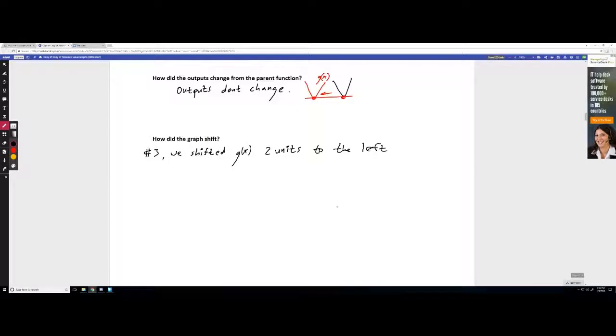And that was, again, horizontally. Okay, so we went that way. Number 4, we shifted g of x 2 units to the right. And again, that was horizontally.